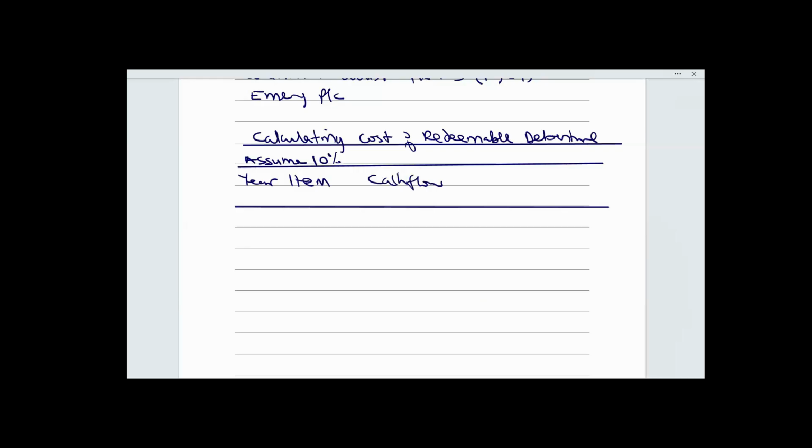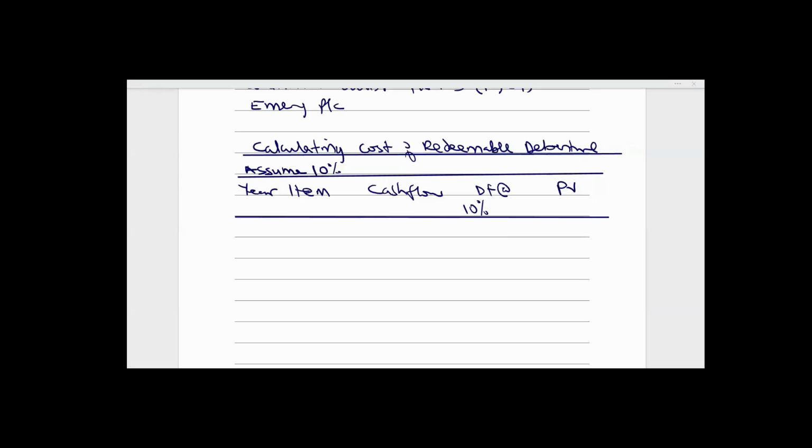After cash flow, we have discount factor at 10%. Then we are going to have the present value. I will then go back to the question: when are we going to redeem the debenture? We are told that it will be redeemed at par in 5 years' time.